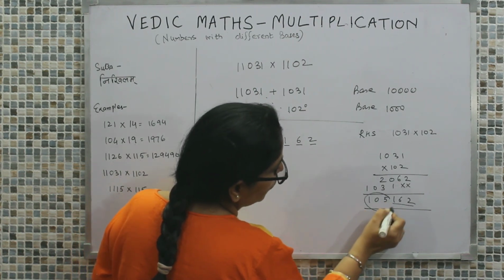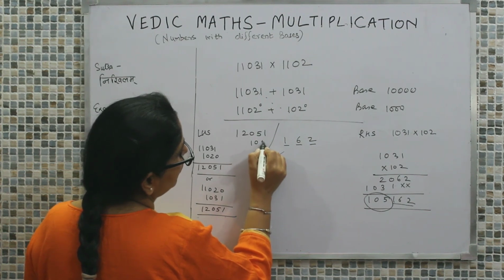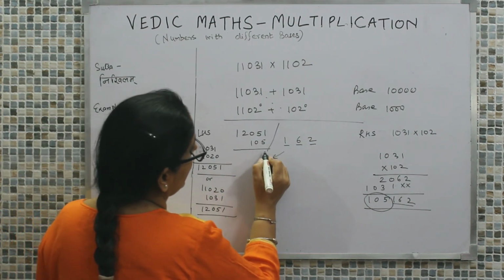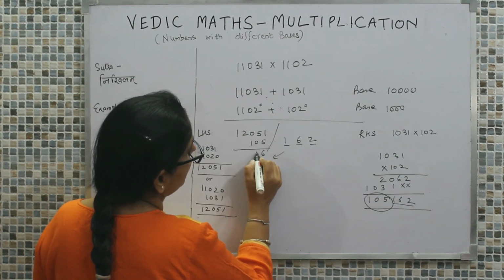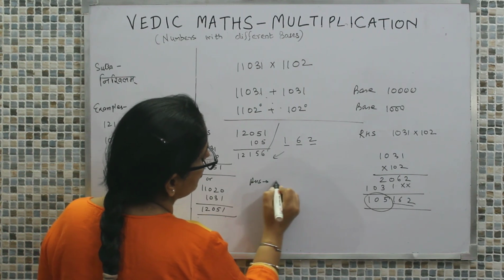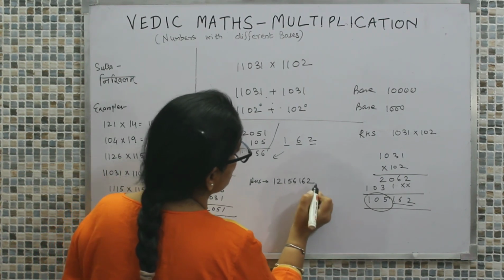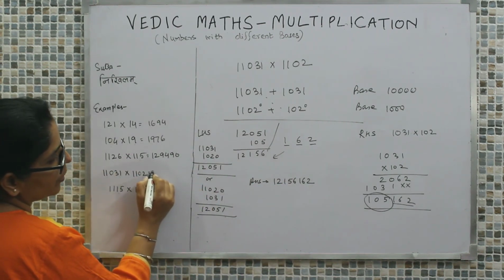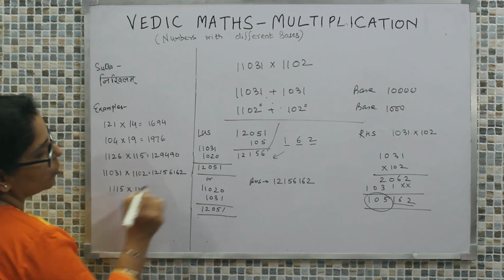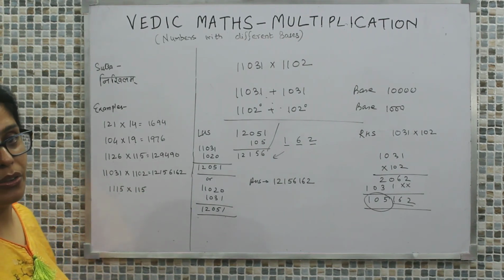The excess or the overflow value is 105. So 105 has to be added to the LHS part and the answer will come out to be 12156. So the overall answer is 12156162. Obviously by using the traditional method it is going to be very lengthy.